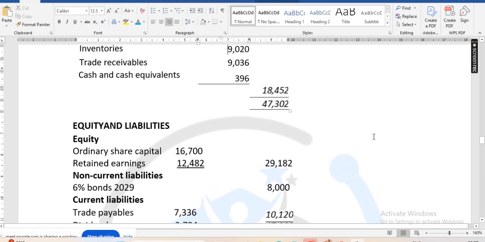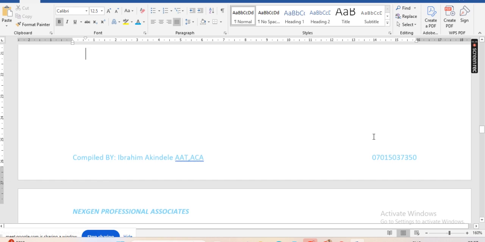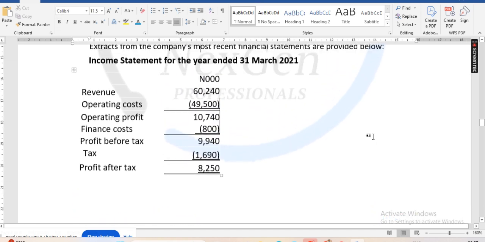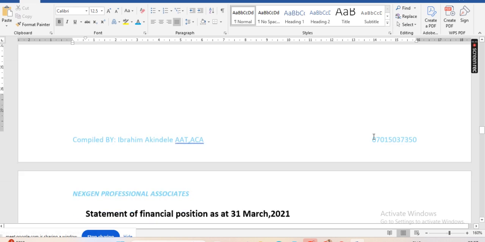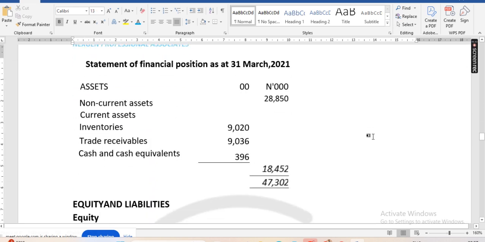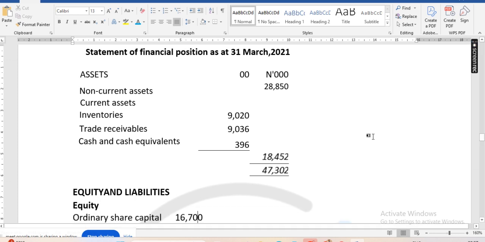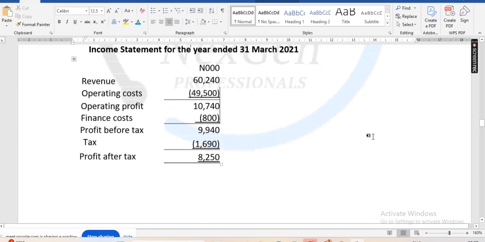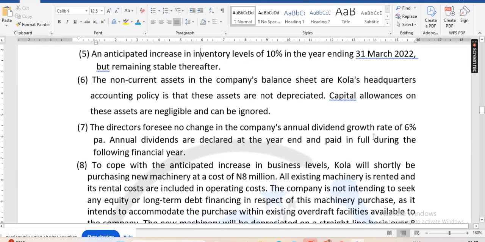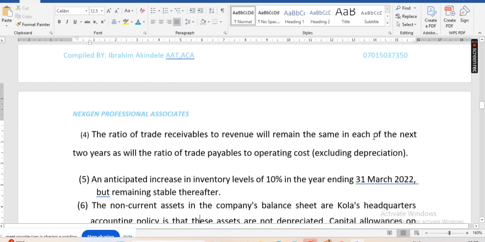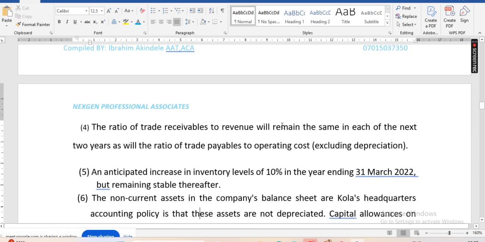And you were given 2 financials, which is the income statement, as well as the statement of financial position. Now, point 4 is saying that the ratio of trade receivable to revenue will remain the same in each of the next 2 years. Let's analyze this now.